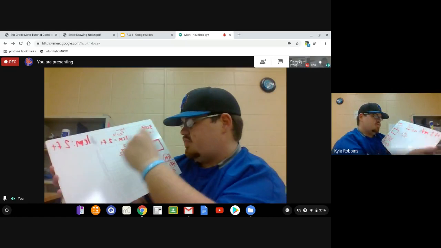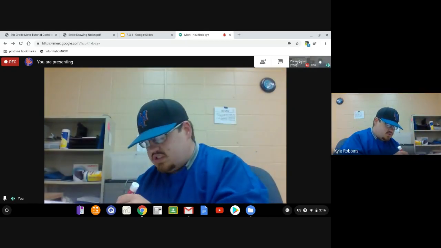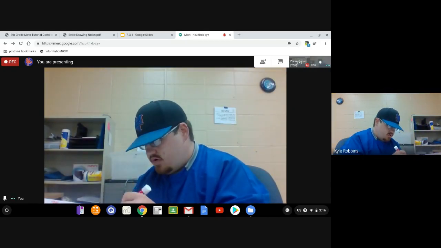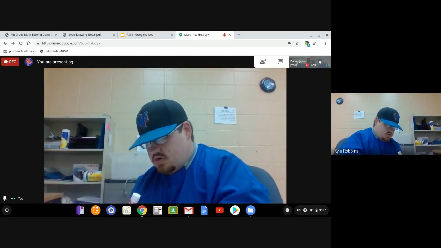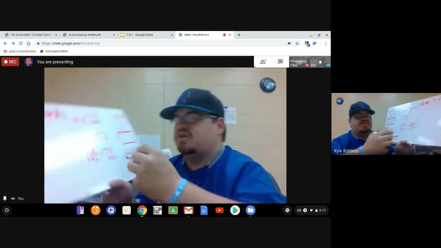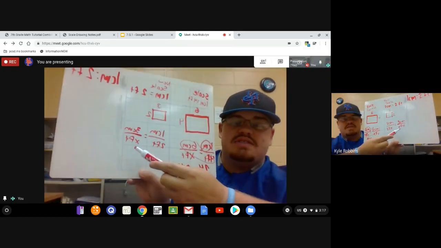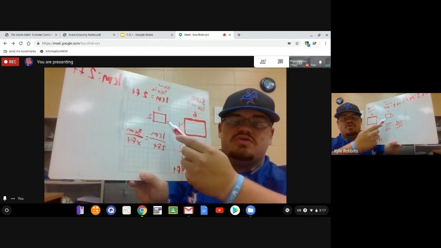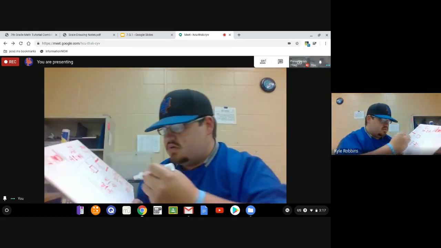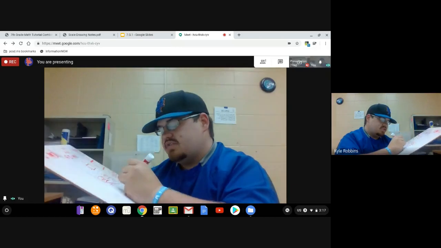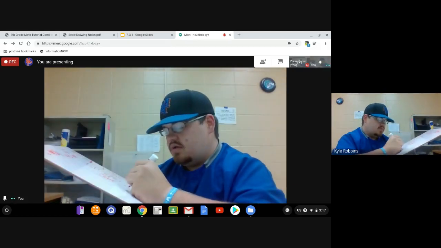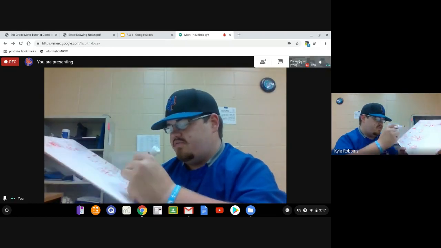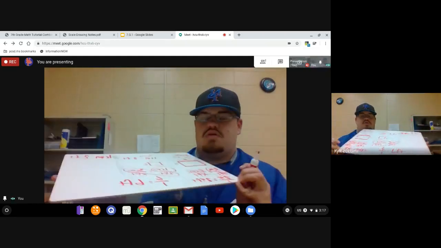We're going to set up a proportion: 1 centimeter over 2 feet equals 3 centimeters over x feet, because that's what we're trying to figure out, how many feet this garden is going to be in real life. So we cross multiply: 2 and 3 gives us 6 over 1, which equals 6 feet.